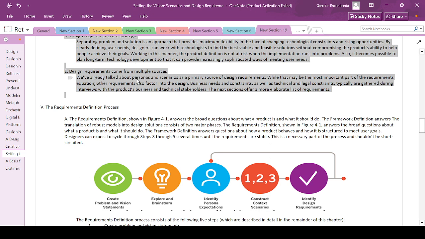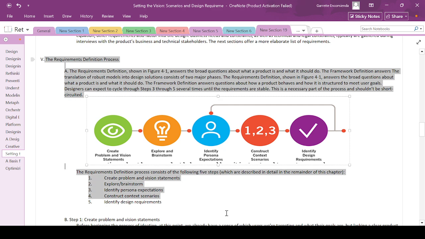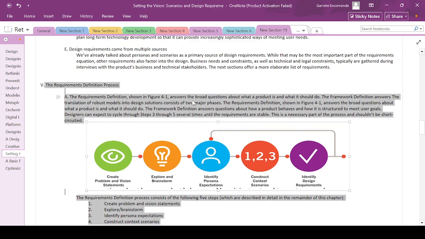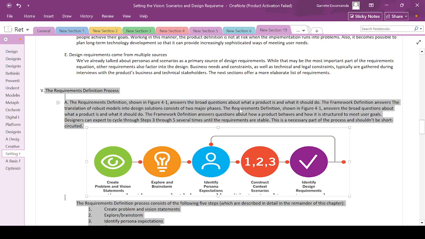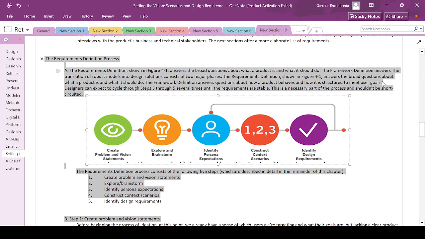So another thing is this came from our previous videos on personas and goal-directed research. The requirements definition process. So the requirements definition shown in 4.1 answers the broad questions about what the product is and what it should do. The framework definition answers the translation of robust models into design solutions, consisting of two major phases.